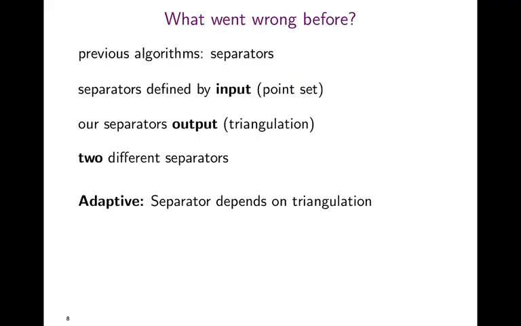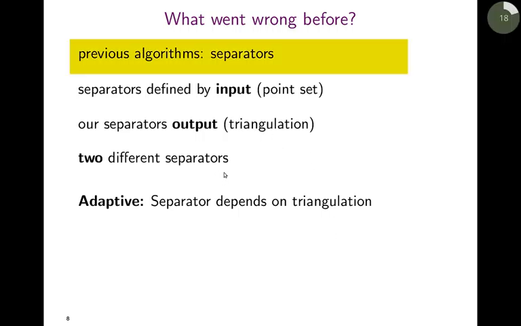Okay, let's take a step back and look at the algorithms that were done previously. All of these previous algorithms used separators in the same way that you saw separators being used. But they had the problem of being canonical, or they needed to be canonical in a way that they could be used in an algorithmic scheme.